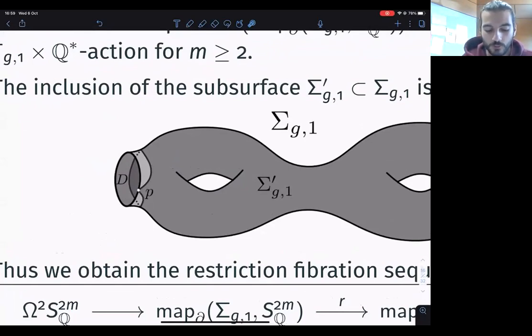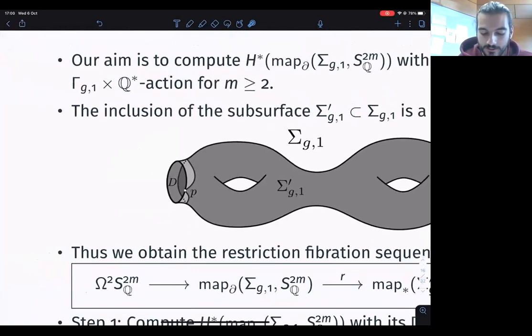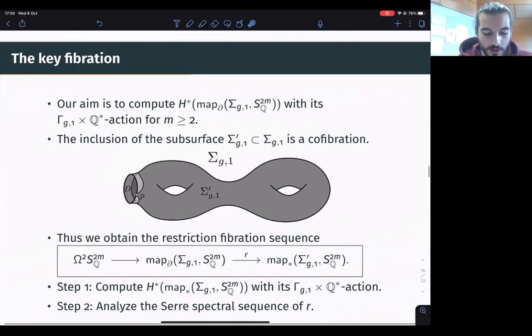So this smaller surface is sigma G1 dash, but I can treat it as if it's sigma G1. Essentially I'm taking the diffeomorphism group, by an isotopy, to just act inside sigma G1 dash. So that makes no difference for gamma G1, and we can from now on forget sigma G1 dash.